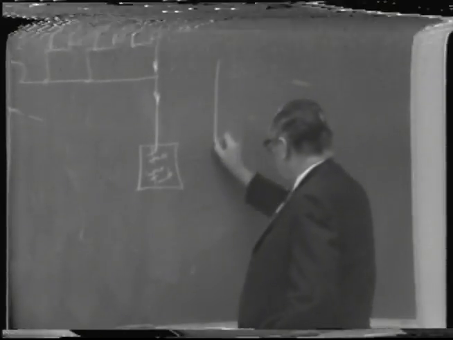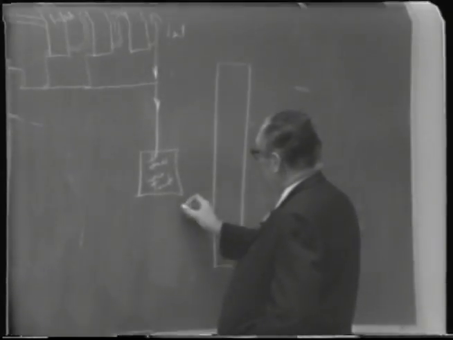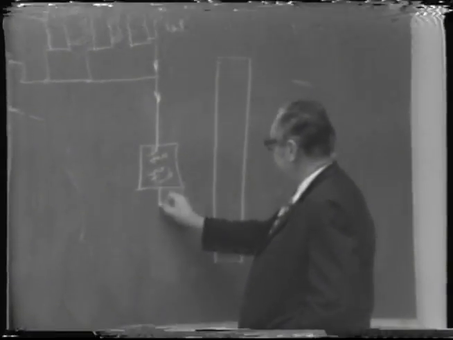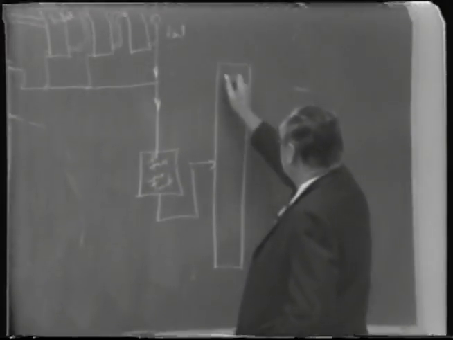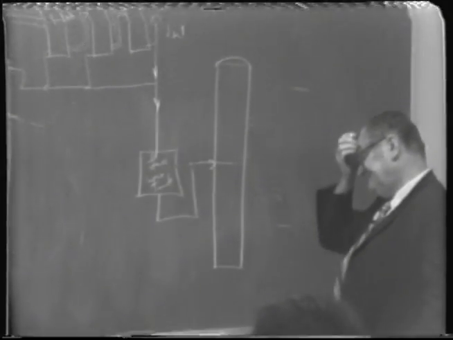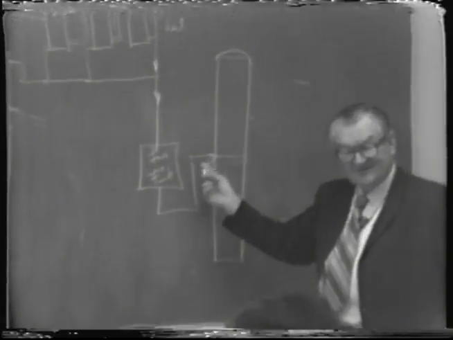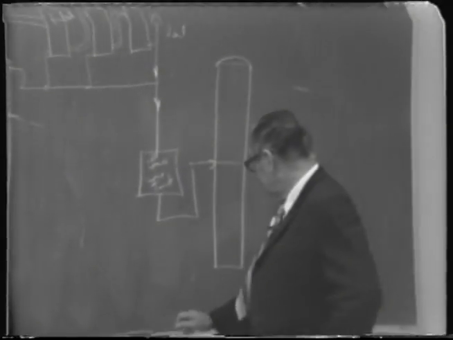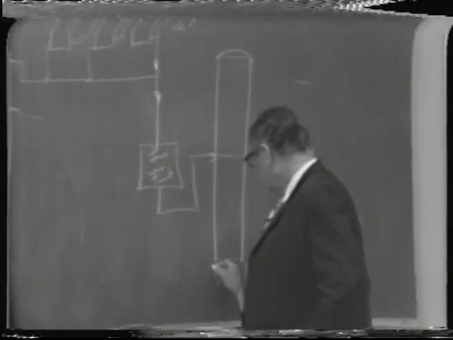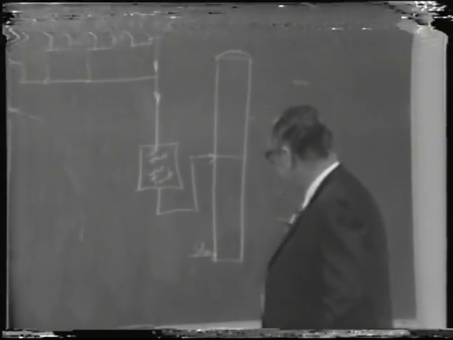It would then be fed into another column. And so now we have to have a heat supply to this column because we're going to feed a liquid in here. So now I have to have either steam, direct steam, or a reboiler at the base.